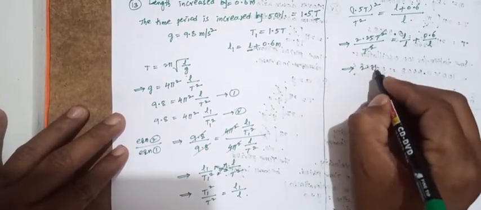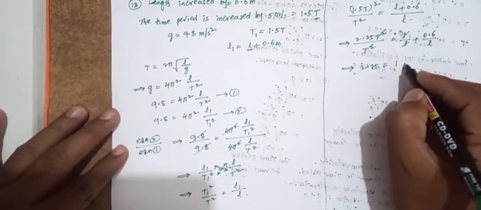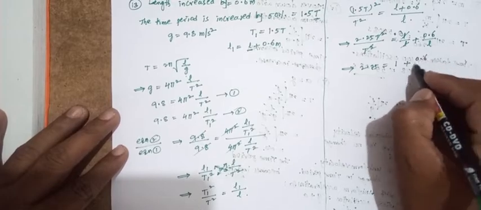So 2.25 equals, L gets cancelled, 1 plus 0.6 by L.